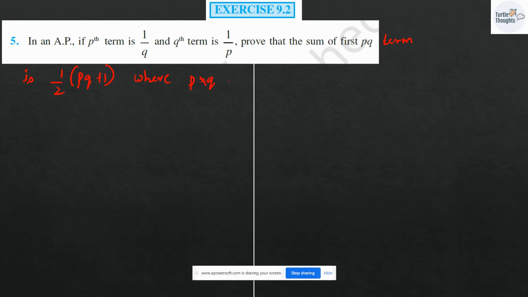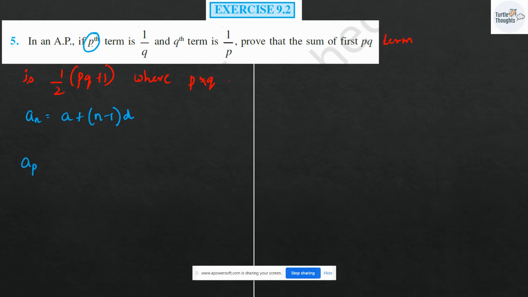This is your question. Now, we know that the nth term, if I take A as your first term, is given by an is equal to A plus n minus 1 into D. This is the formula. Here, they have given the pth term. So, nth term is an.